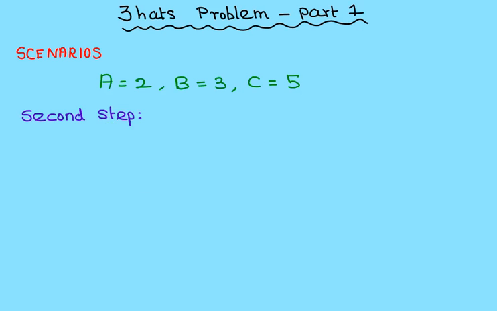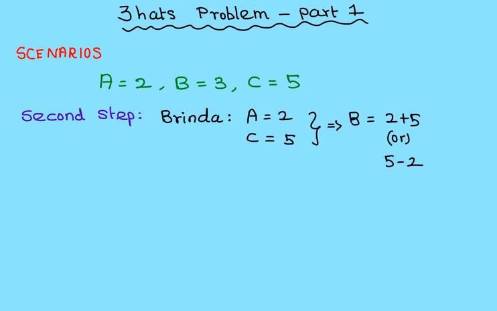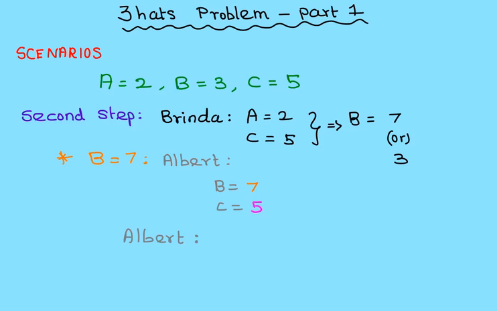In the second step, Brinda sees a equal to 2, c equal to 5. So she guesses her number to be either 2 plus 5 or 5 minus 2, that is 7 or 3. Now she considers each case. First, what if her number is 7? Then Albert would have seen b equal to 7, c equal to 5. As they were different, Albert would have said, I don't know.